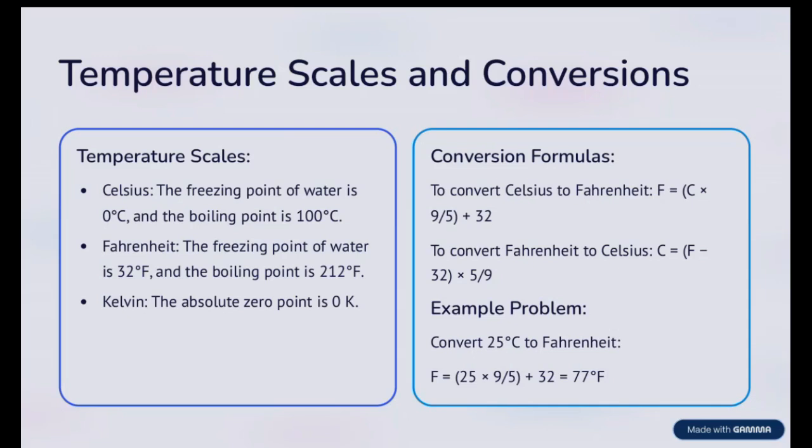So if they gave you 373 Kelvin, to convert it to Celsius, just subtract 273 from 373, and you'll get 100 as your final answer. So that's the value in Celsius. It's simple to convert from Kelvin to Celsius, simpler than converting from Celsius to Fahrenheit. That's why I'm giving an example of Celsius to Fahrenheit.